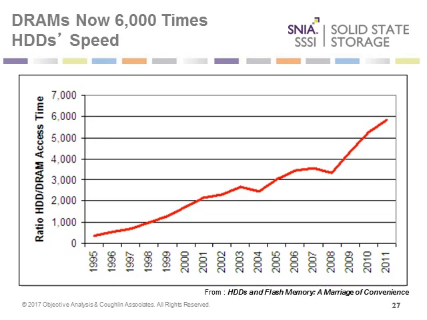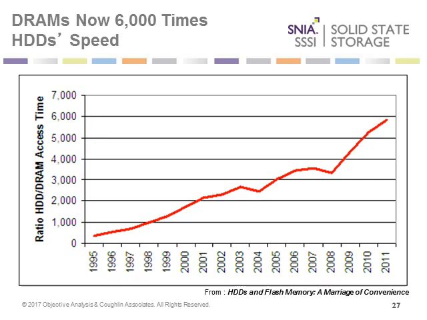So how do DRAM and hard drive compare against each other? Tom and I put this together for a SNIA white paper and a report called Hard Drives and Flash Memory, A Marriage of Convenience. This was some time ago, so you see this data only goes out to 2011 with DDR3. But what we compared was the speed of DRAMs, which is constantly increasing with all of these DDR interfaces, against the speed of hard drives, which have been on a much slower track.